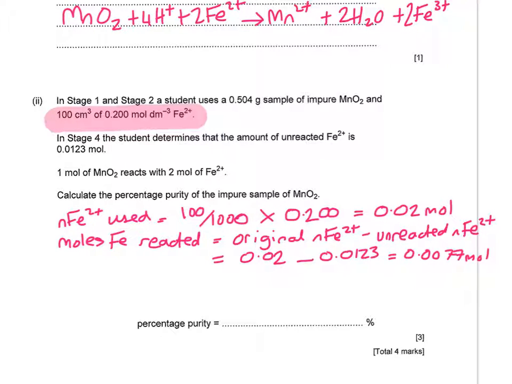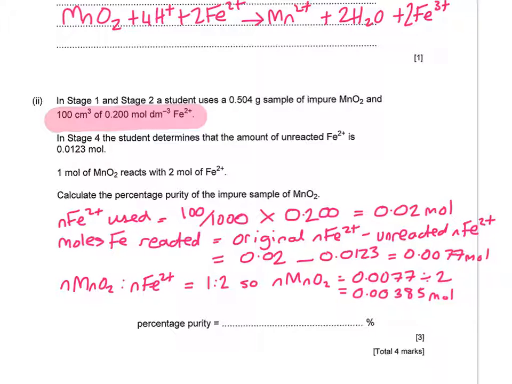So the next thing to do is to get the mole ratio of iron to manganese. And from the equation at the top, you can see quite clearly that it's a 1:2 ratio. So dividing the iron moles by 2, that's 0.0077 divided by 2, it gives you 0.00385 moles of manganese oxide.